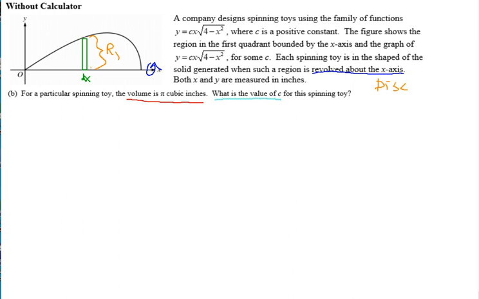And again, R2 is not needed because there's no gap between our axis and the close end of the rectangle. So R1 is just our function cx square root of 4 minus x squared minus 0 on the bottom. And R2 is either 0 or you can say it's not needed again.